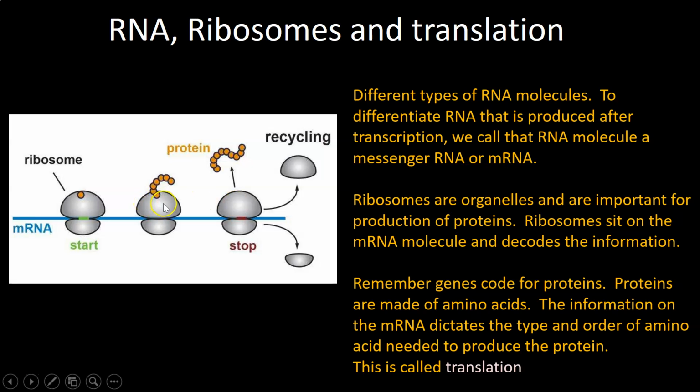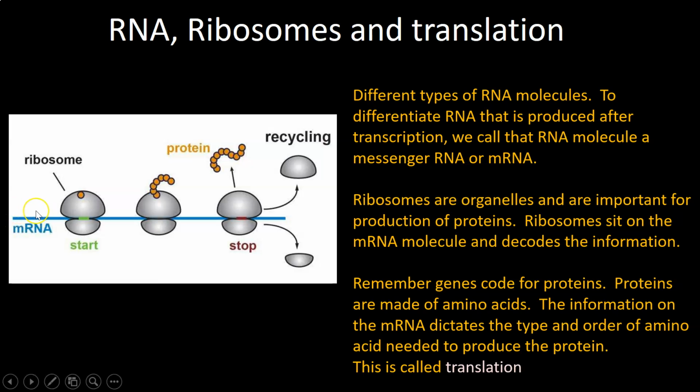Now ribosomes are organelles that are used for protein production. The process they mediate is called translation, which we introduced in the previous slide. It's these ribosomes that sit on the messenger RNA molecule and basically just read along the molecule. Remember the triplet nucleotides, ATG, CAT, etc. These ribosomes read and decode that information.